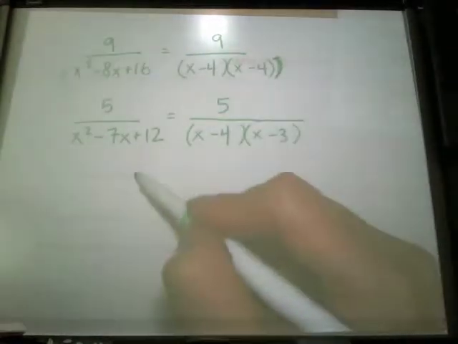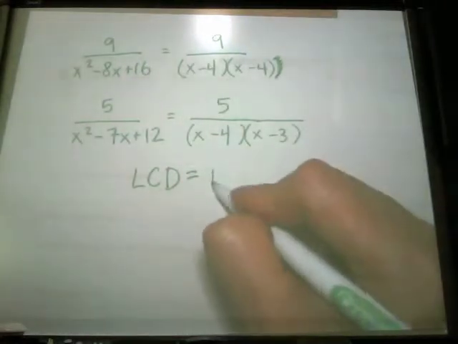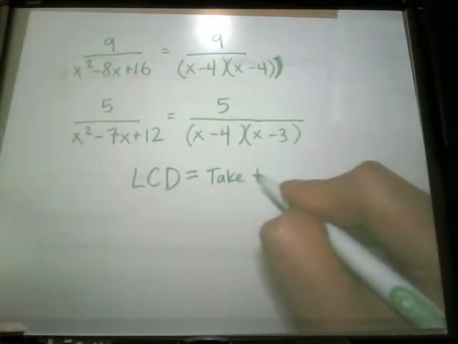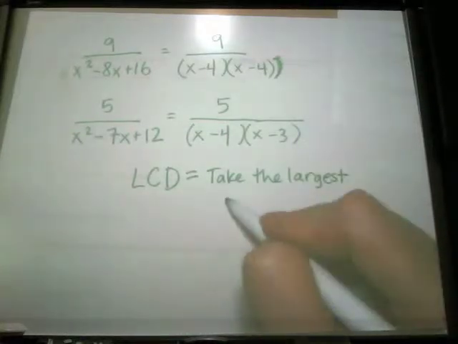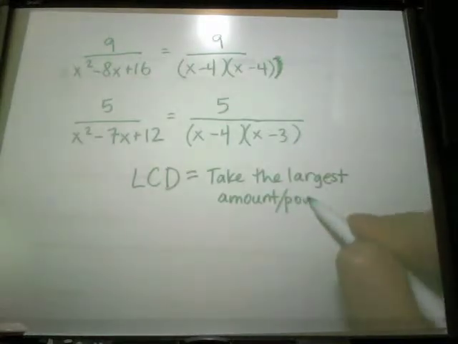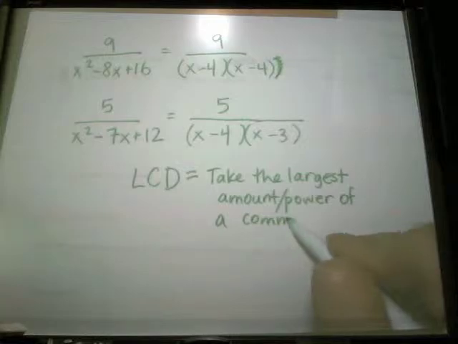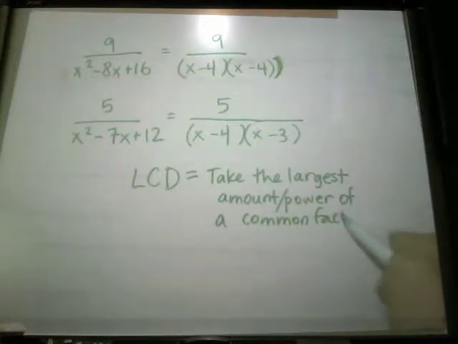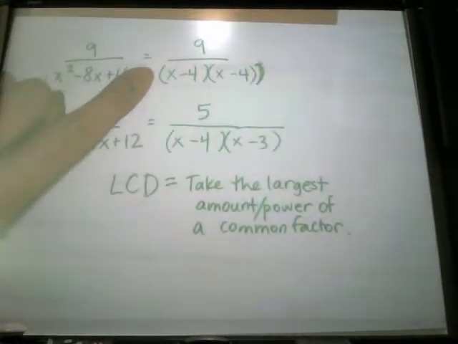Now, first thing we need to do is find the LCD. We need to take the largest amount or power of a common factor. So what I mean by that is that this first fraction has two x minus 4s.